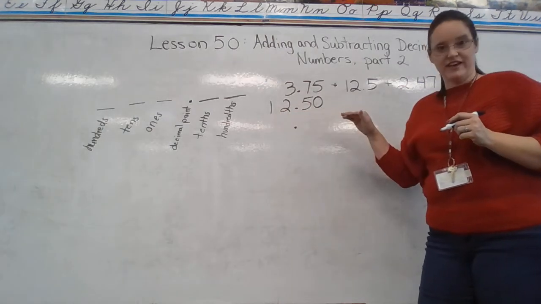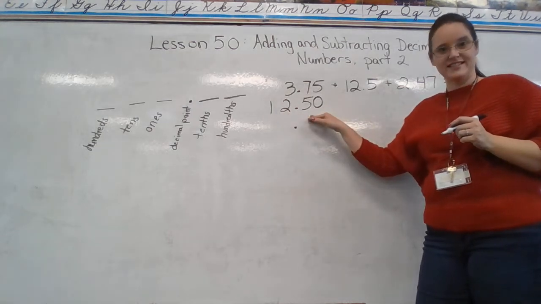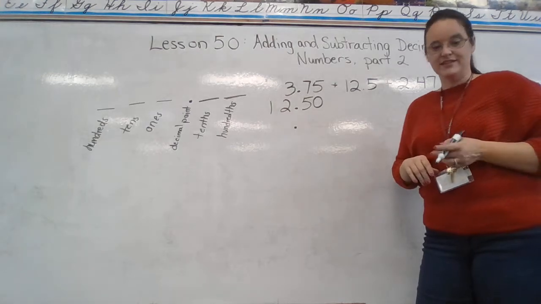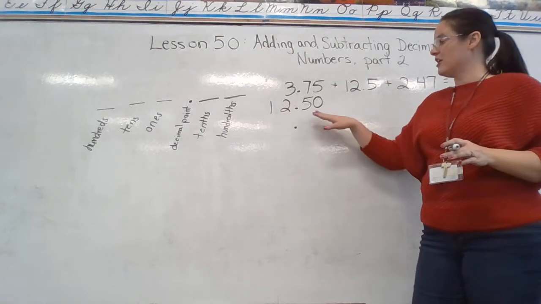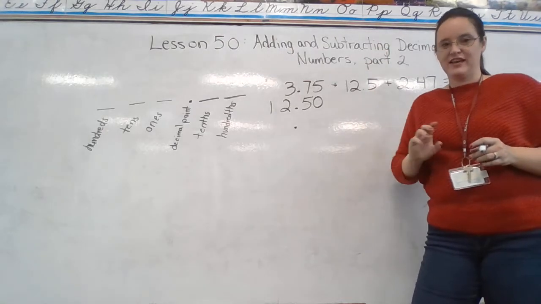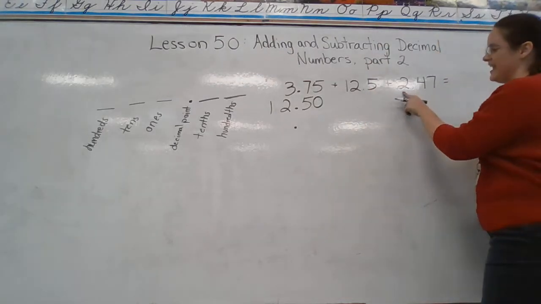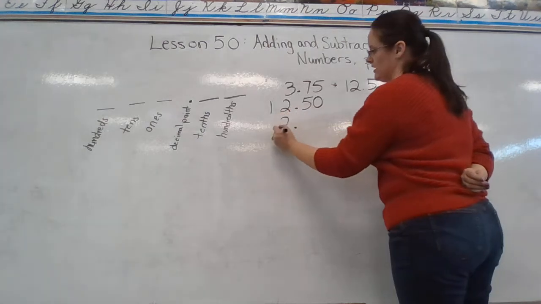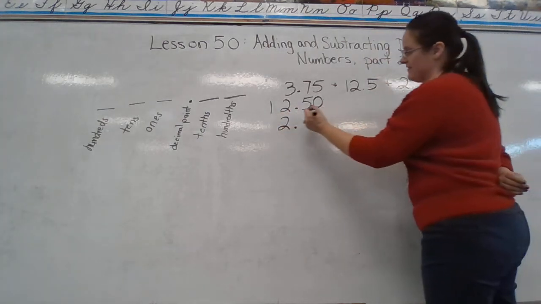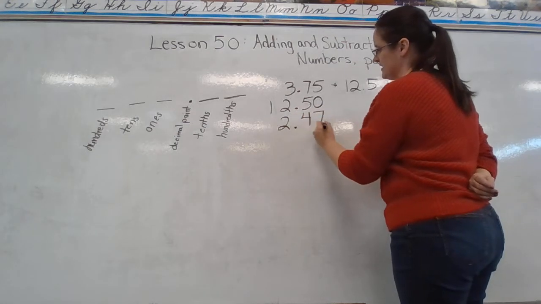Doesn't change the value. 12 and 5/10 is the same amount as 12 and 50/100. So it makes it a little bit easier for us to line everything up and add it together. Then 2 will go right there to the left of the decimal, and 47 will go to the right.